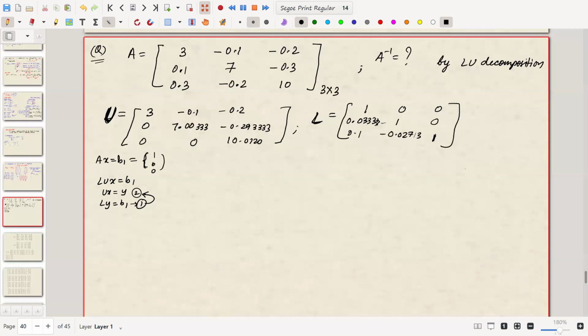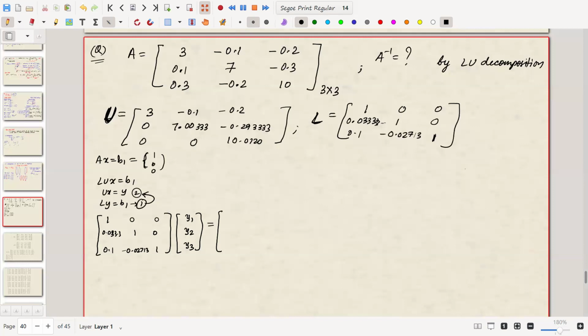What is the L matrix here? You have the L matrix: 1, 0, 0; 0.033, 1, 0; 0.1, minus 0.027131, 1. And this is y1, y2, y3, which you want to calculate.